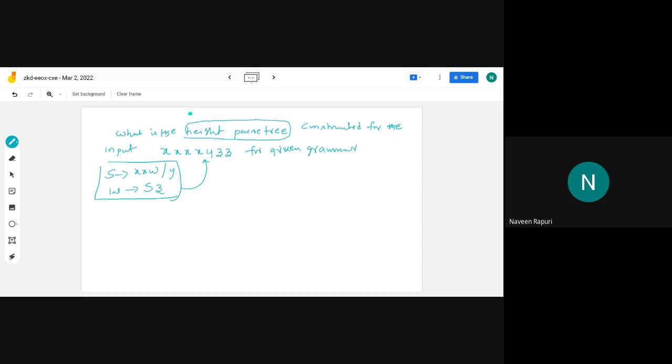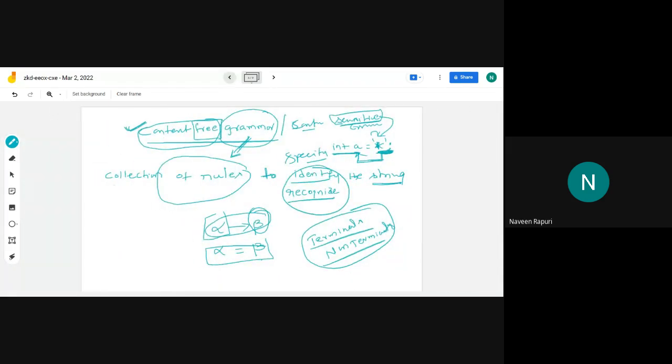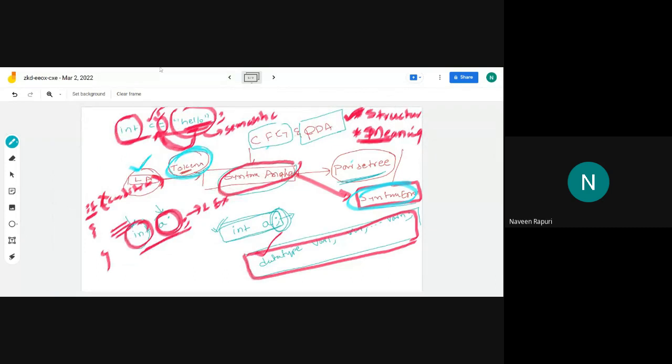Here we need to know what a parse tree is. Listen carefully.